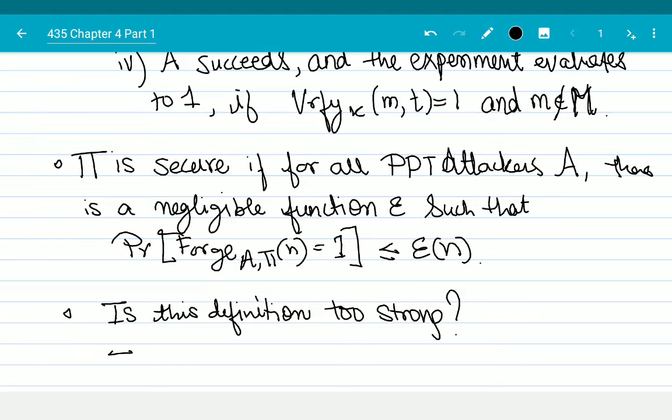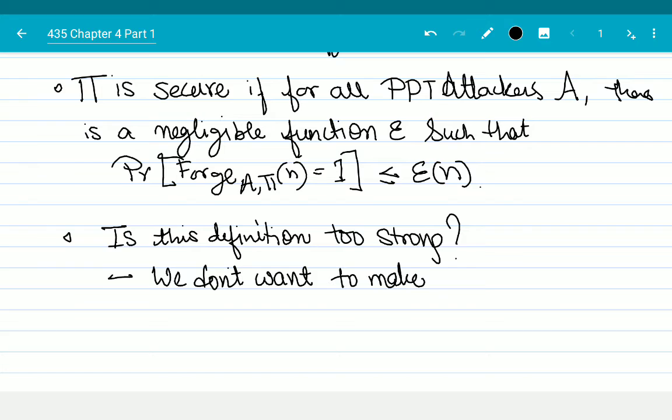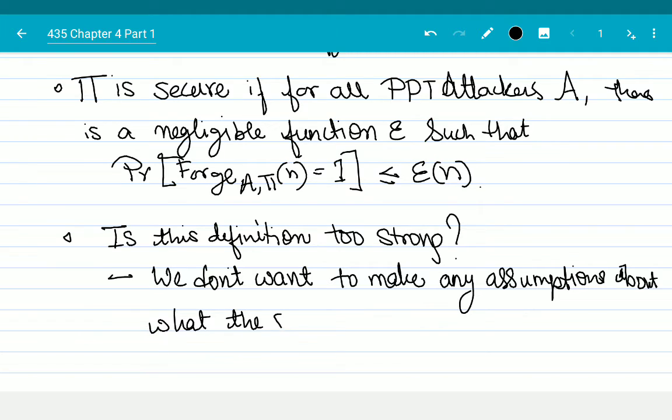Because we don't want to make any assumptions about what the sender might authenticate.